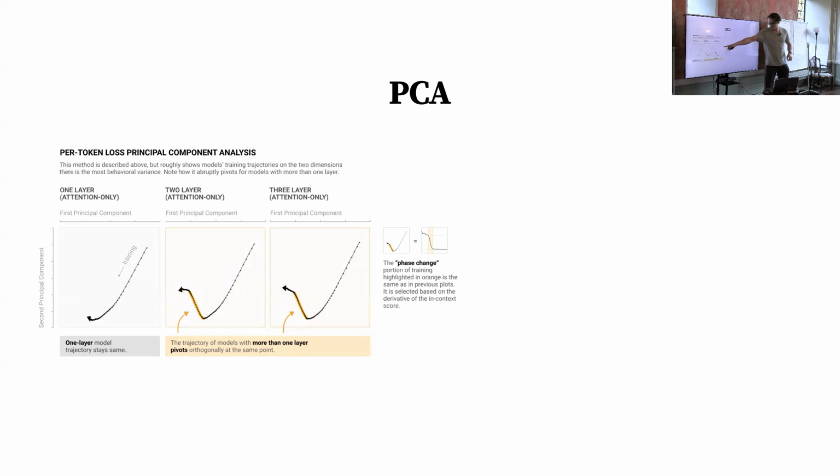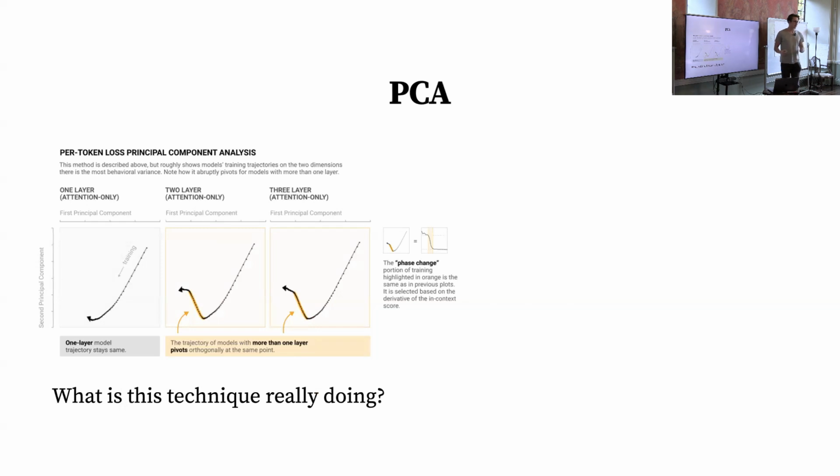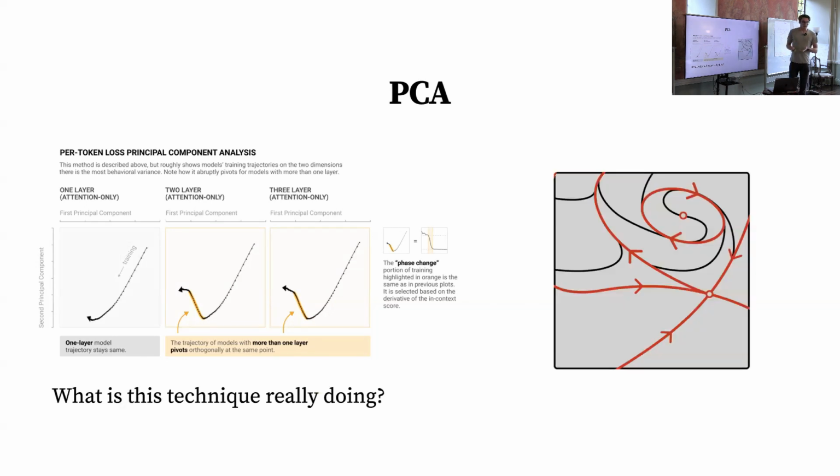So that's what you see here. And you see this kink associated to this induction bump to the development of in-context learning. At the time, it was kind of introduced in an ad hoc way. There's no principled explanation of why this might be a reasonable thing to do. But really, there's a reason that something like this would work. Right? So we know from dynamical systems that dynamics are determined by the critical points, separatrices in your phase space.